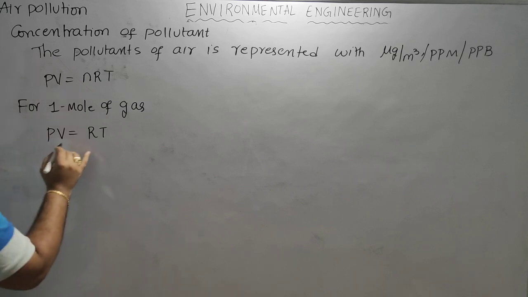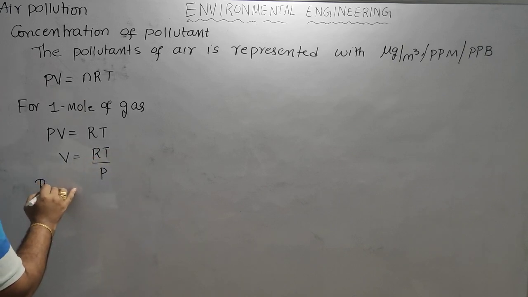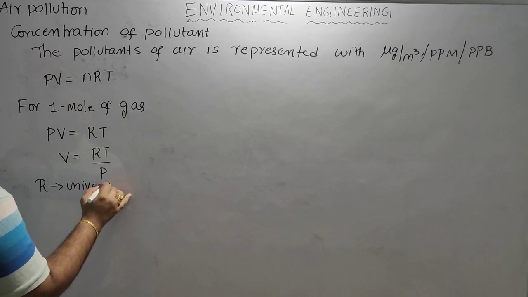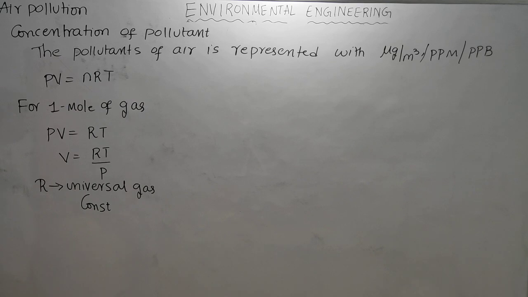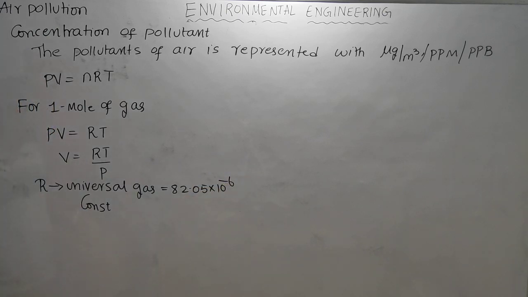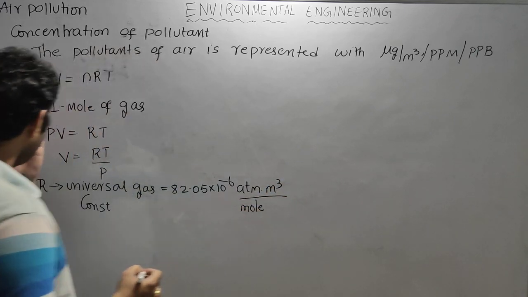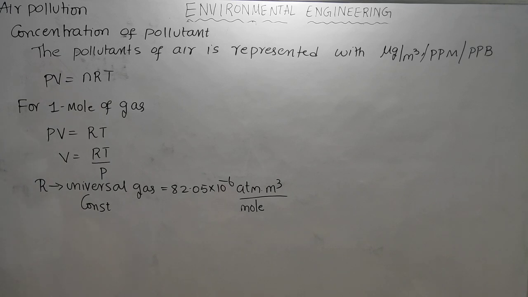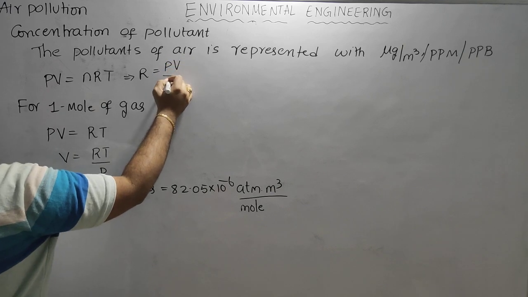So V is equal to RT by P, where R is the universal gas constant, and its value is 82.05 into 10 to the power of minus 6 atmosphere meter cube by mole, because R is equal to PV by nT.